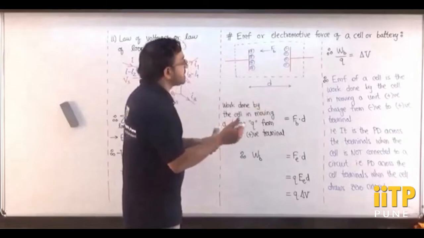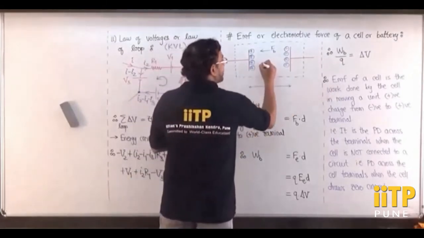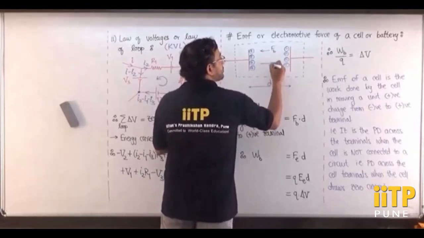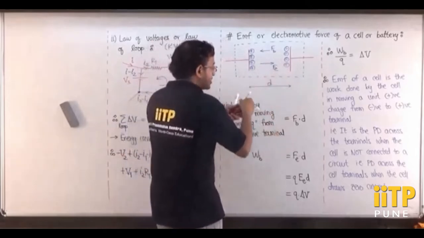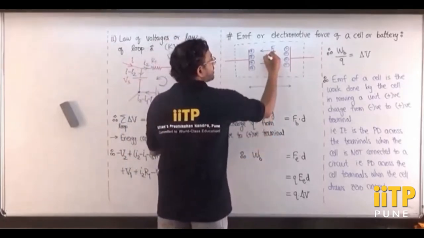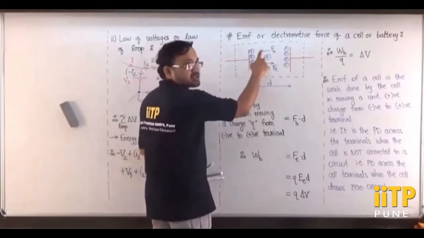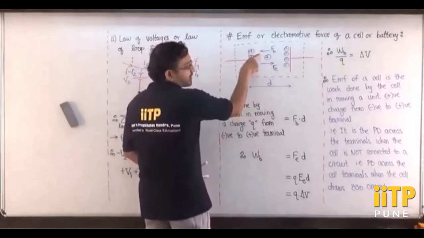So now we realize there is an electric field like this, and that electric field is causing an electric force or electrostatic force. So whatever charge is in this space is experiencing two forces. The first force is the battery force.